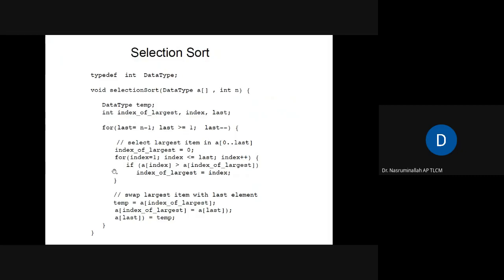At the end of this loop, index underscore of underscore largest will be containing the index of the largest element, and that indexed element will be swapped with the element contained at the last location.